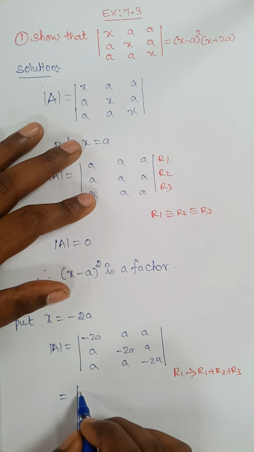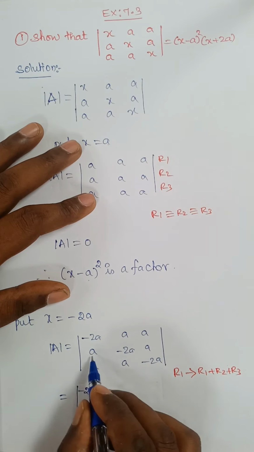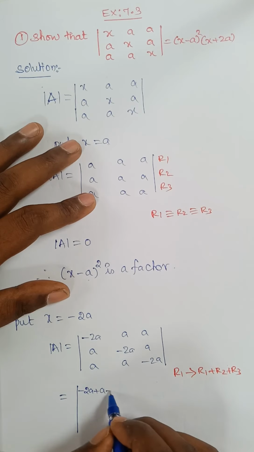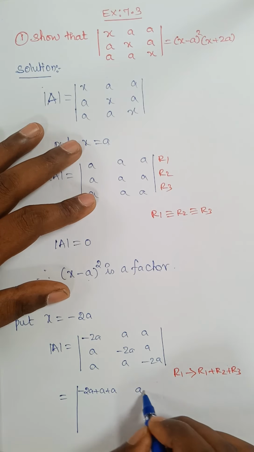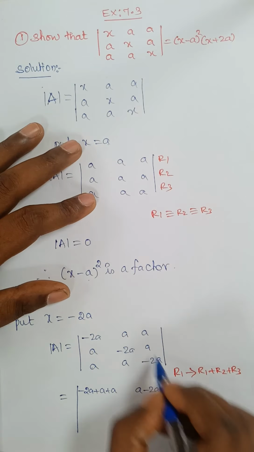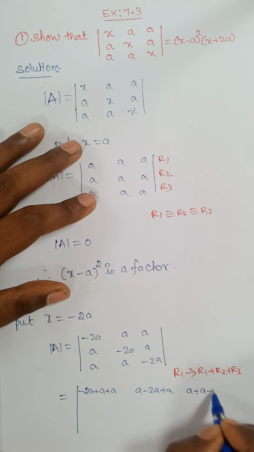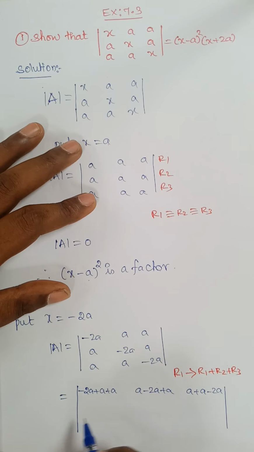Adding all three, minus 2a plus a plus a, a plus minus 2a plus a, and a plus a minus 2a. R2 and R3 remain as usual.